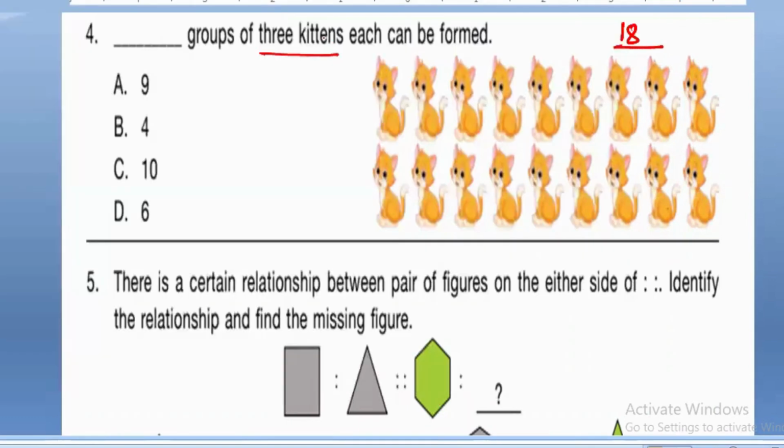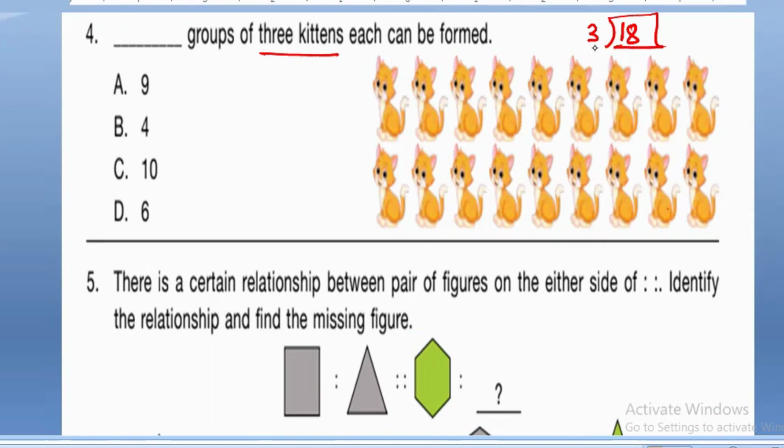Now the question is asking how many groups of 3 kittens we can form. So what we are supposed to do here is divide 18 by 3. Correct? And when we divide 18 by 3, what we get is 6. So our answer will be 6.